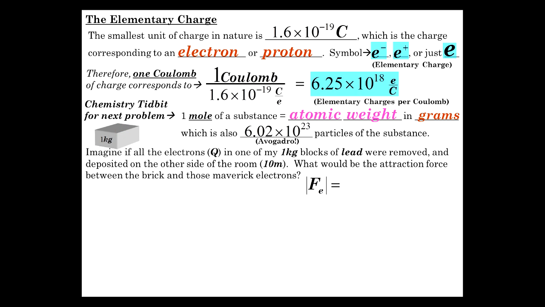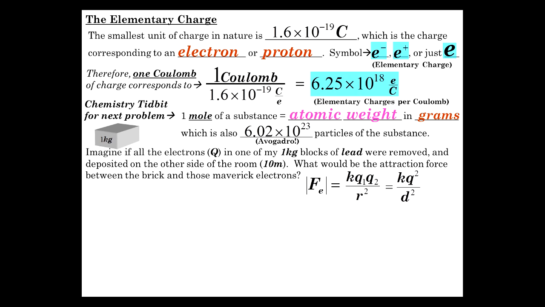Very positively charged lead brick attracted to the electrons on the other side. So the answer to the question would be the electric force, and that's kQ1Q2 over r squared. The object, the brick, and the electrons can be considered point sources for each other.